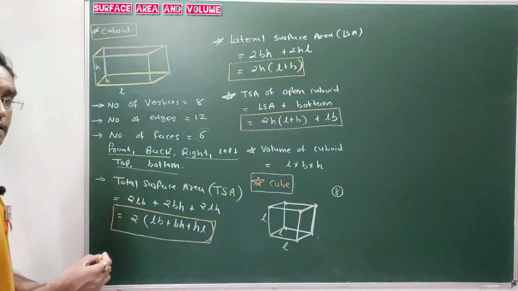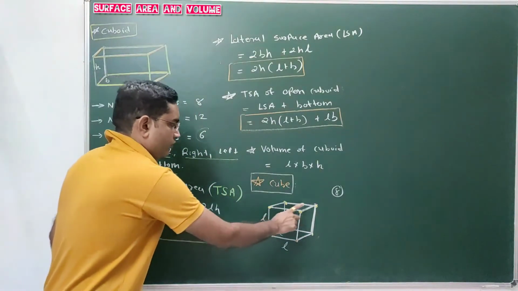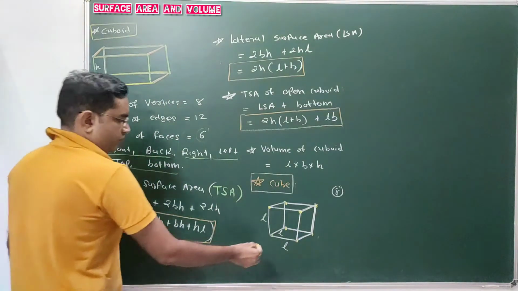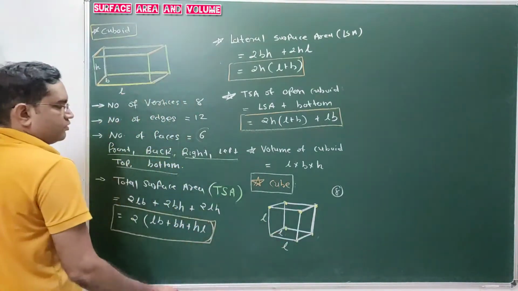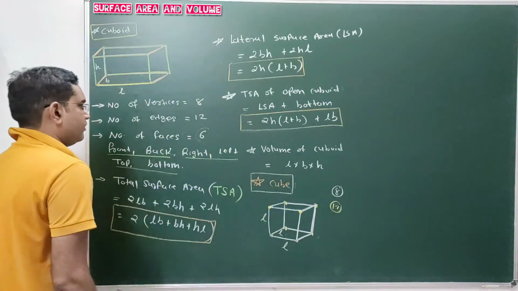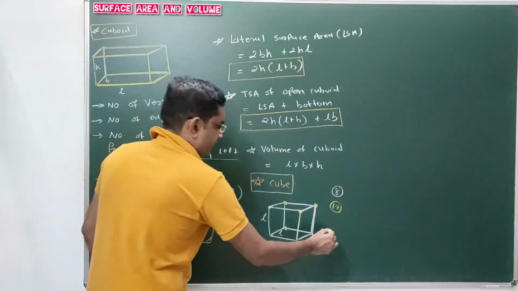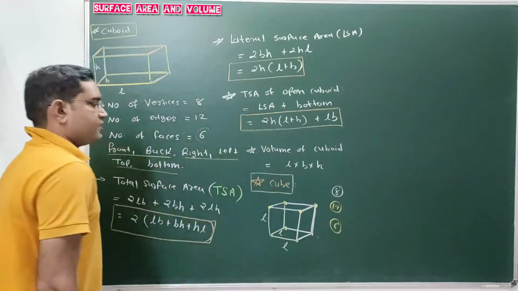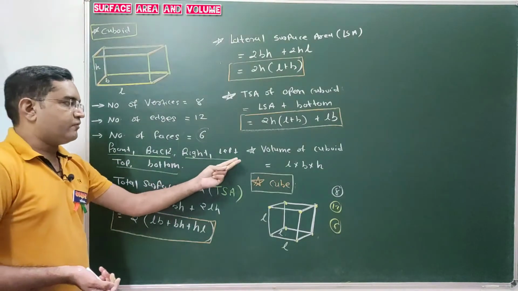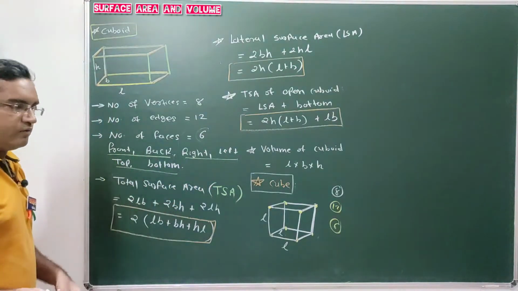The point at which 3 sides intersect is called a vertex of the cube. So total 8 vertices are there. Number of edges are 12, and the length of all edges are equal. Number of faces is the same as cuboid. Total 6 faces are there: front face, back face, right face, left face, top face and bottom face.